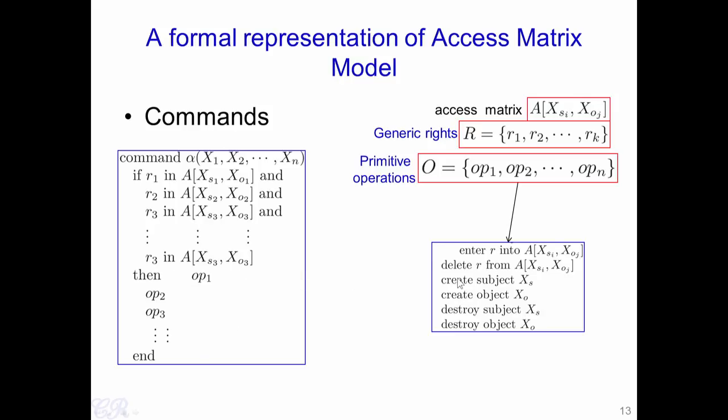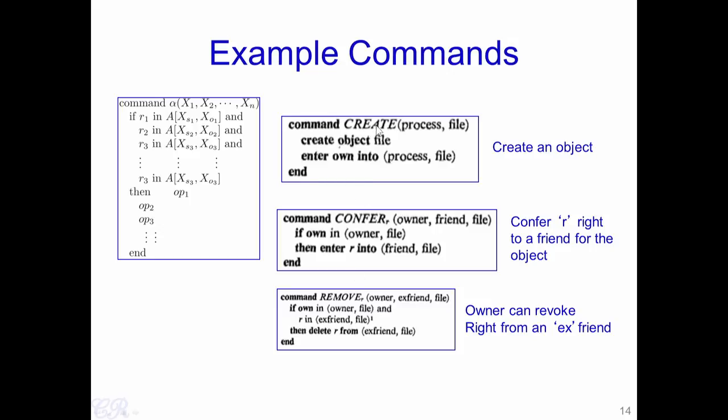So, let us take a few examples of such commands. For instance, create process comma file. Process here is the subject, and what it means is that this process wants to create this file. So, the command will work like this.